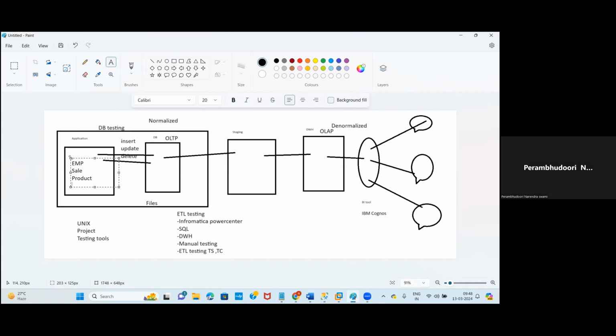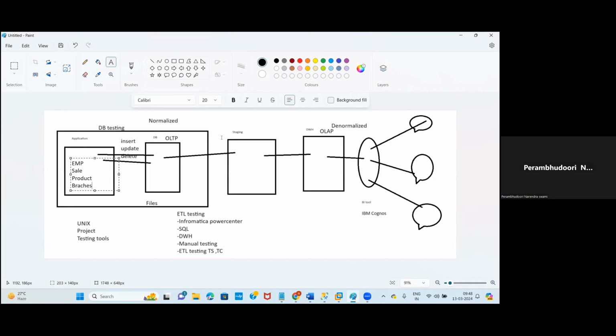We can also see branches of the organization, how many branches there are. So these are all different business areas, and all this business area data is loaded into the database.